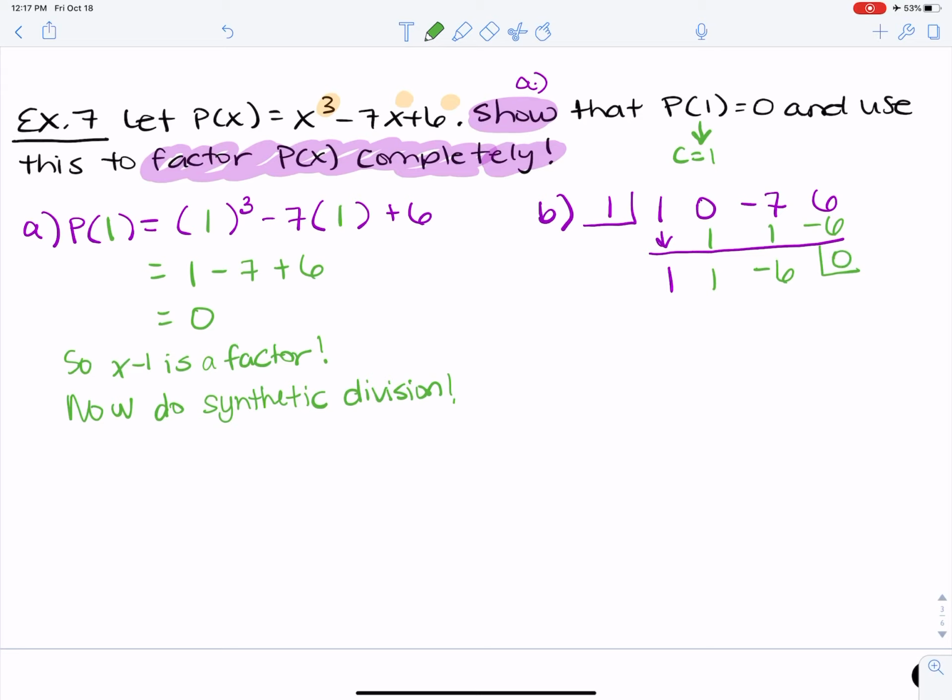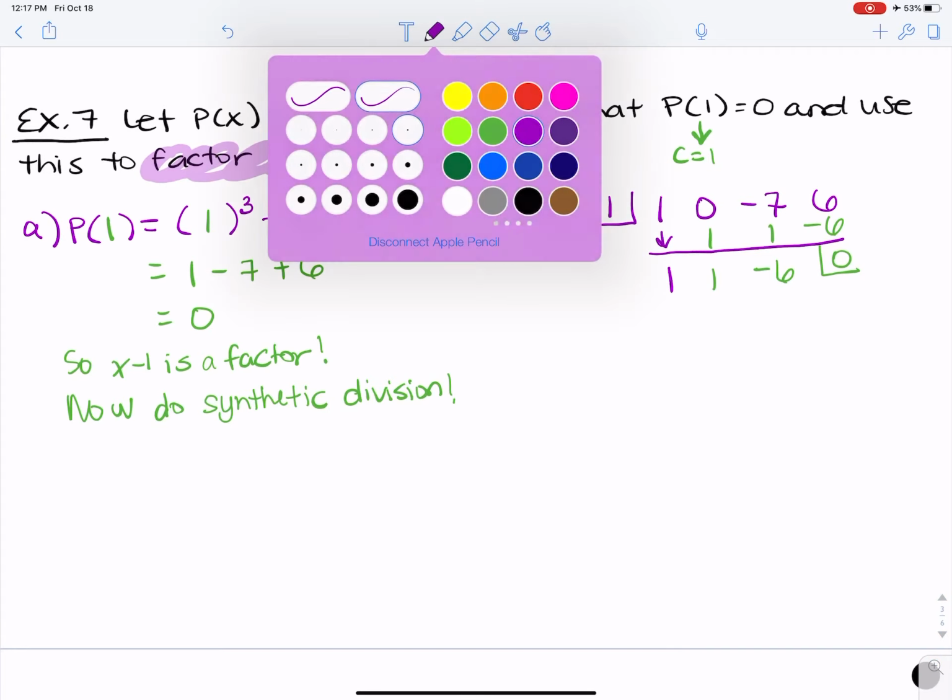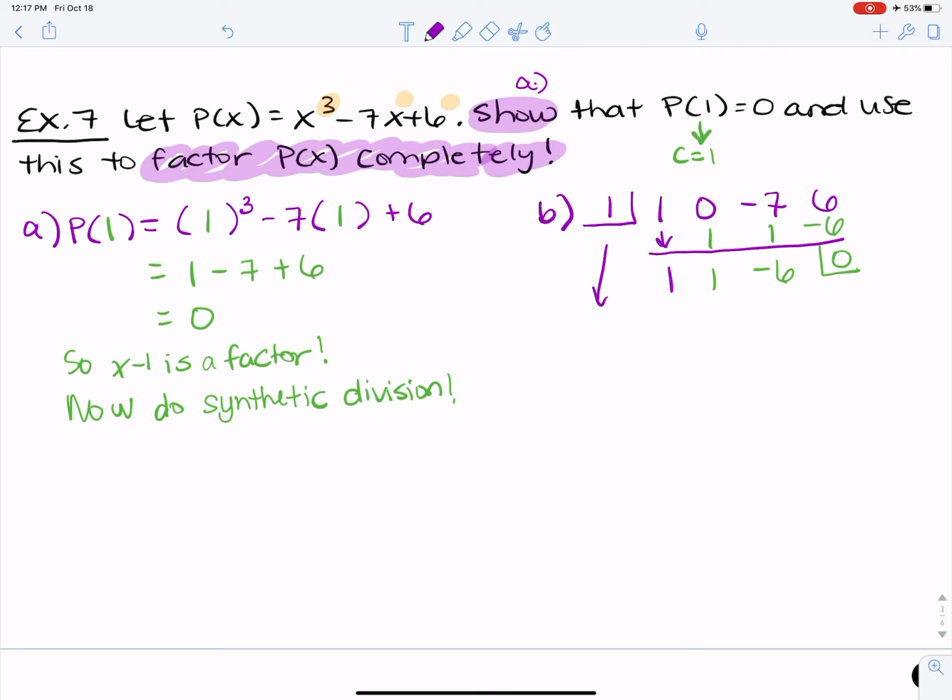And so now we have to write our factors. This first one is x minus 1, and this one is x squared plus x minus 6. It's always 1 degree lower than the actual function that you're dividing. Our function had a degree of 3, so this one now has a degree of 2. You all probably know that already. But now we have to factor more, because it has to be factored completely.